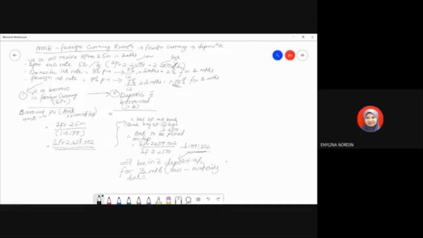So when is the maturity date? Maturity date means the date of receipt. Why is that? Because you want to earn the interest plus the principal at the maturity date. Now after the maturity date is reached, that is the next stage.